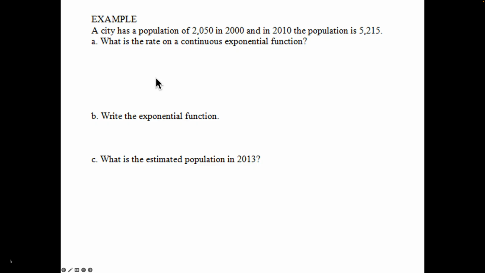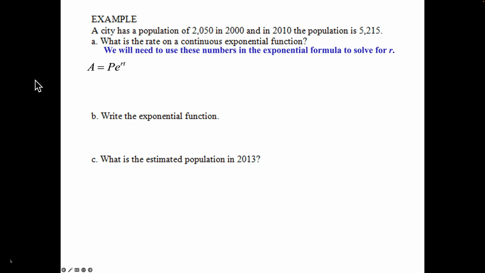Next example. A city has a population of 2,050 people in 2000, and in 2010 the population is 5,215. What is the rate on a continuous exponential function? All right. Here's my A equals P times e to the rt. We're looking to solve for r.